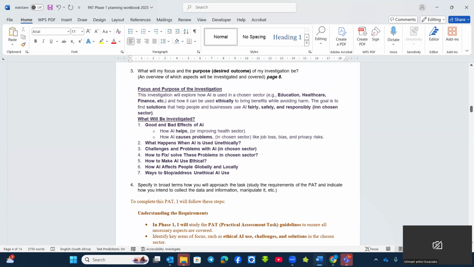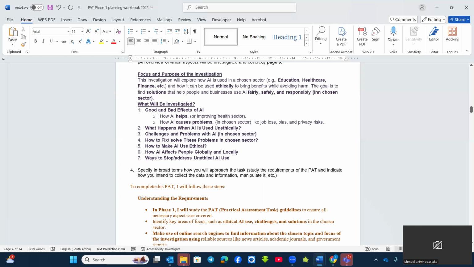Also, don't forget to mention your sector. So this investigation will explore how AI is used in education and training and how it can be used ethically to bring benefit while avoiding harm. Now, what will be investigated?